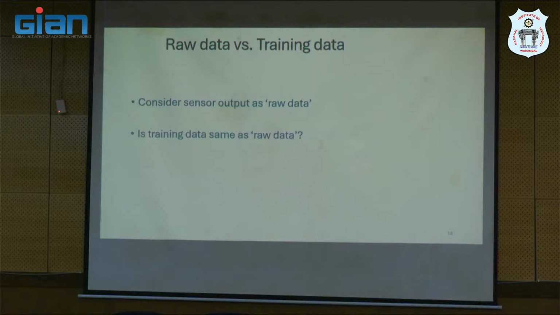Sometimes noise may be added while sensing. Current sensors may pick up high frequency noises also. Sometimes the sensor output comes with some offset values. Okay. So there may be some additional information, which is not necessarily used for training purposes. Any other answer? Does anybody think yes, training data is the same as raw data?